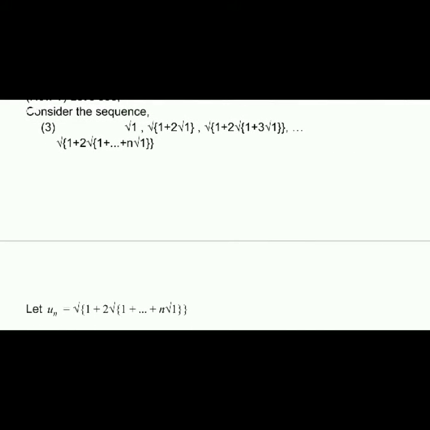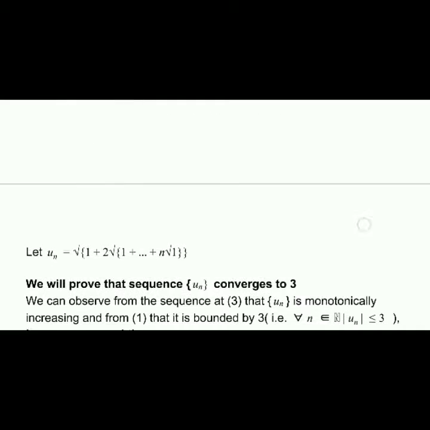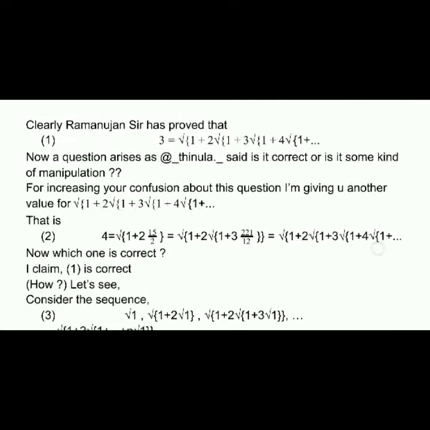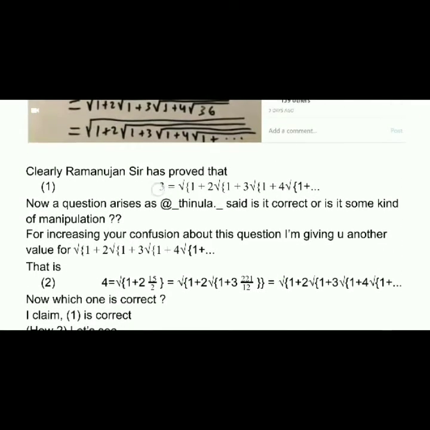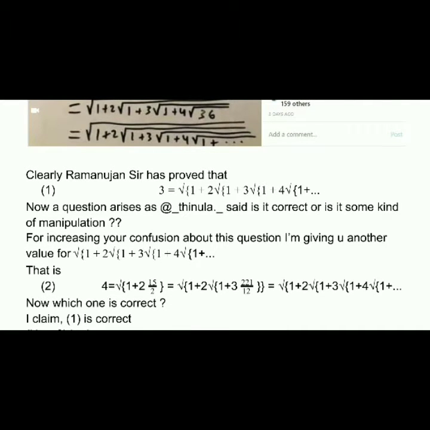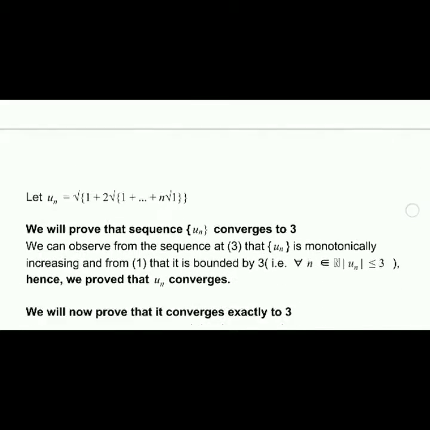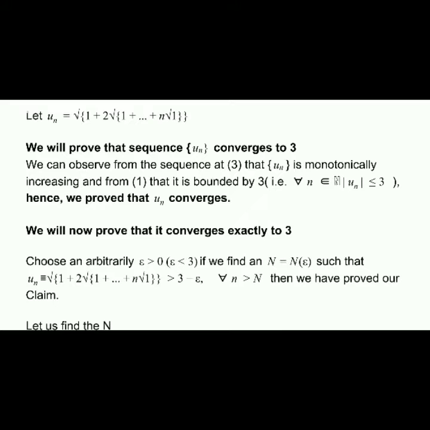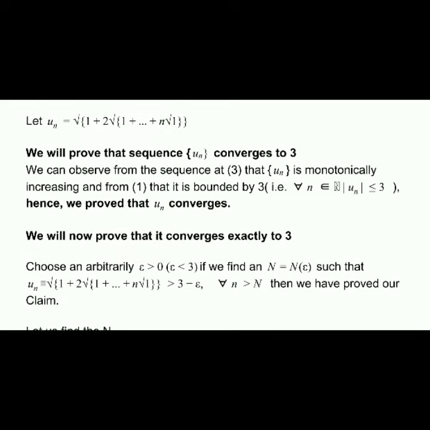You can easily prove that this is a monotonically increasing sequence. And from equation 1 you can easily see that 3 is an upper bound of this sequence un.